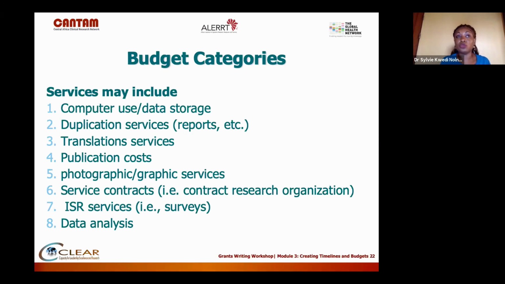But here in Cameroon, we are English and French speaking. So in many instances, we have to translate documents in French, because if you are in the French-speaking part of the country, you cannot use the English documents. If you are in the English part of the country, you cannot use the French documents. So that you have to take into consideration.